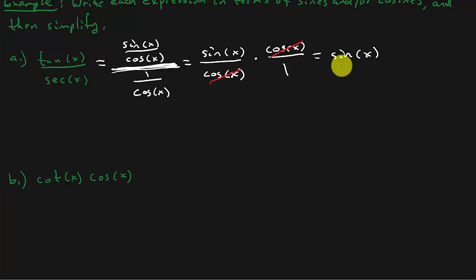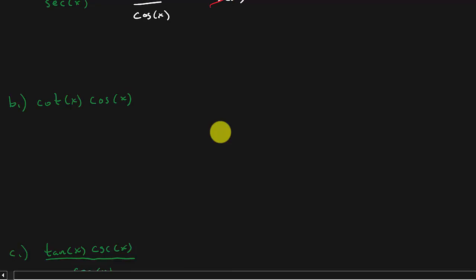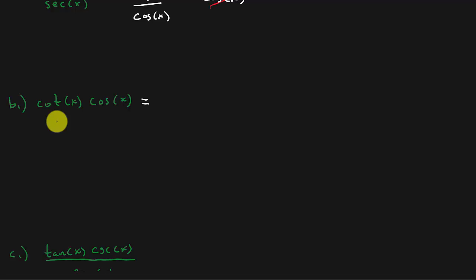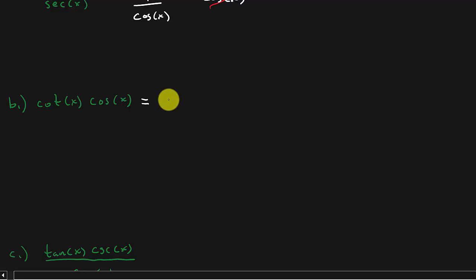All right? Let's look at the next one. I've got cotangent times cosine. Let's rewrite cotangent in terms of sine and cosine. So this cotangent is cosine over sine times cosine.